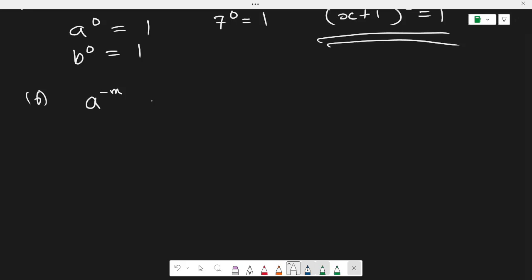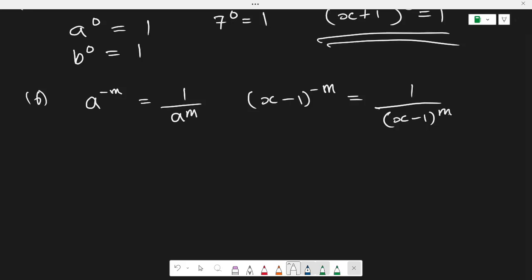You find that a to the power negative m is the same as writing 1 over a to the power m. Or let's say we have x minus 1 in brackets to the power negative m. This is the same as 1 over x minus 1 in brackets to the power m.